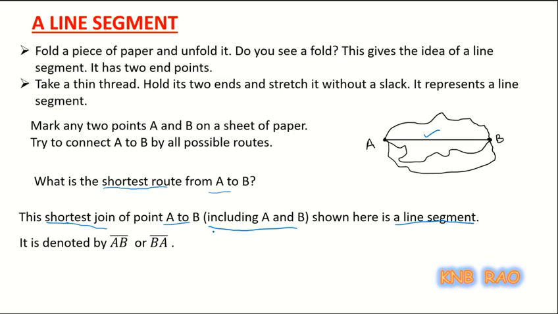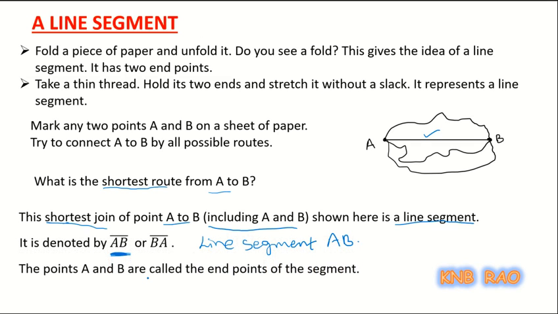They are endpoints. We use those endpoints to name it. And how do we read it? It is read as line segment AB, and we symbolically show this, and these points are called endpoints. That is, A and B are called endpoints.